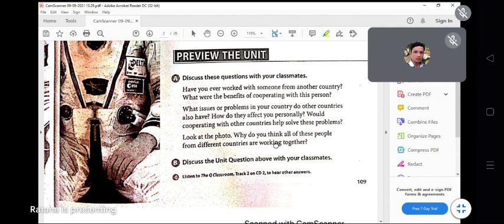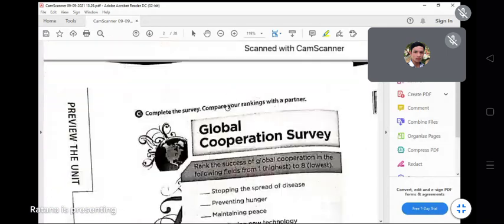But I think many people complain about the COVID-19 pandemic, because we lose the opportunity to go abroad, to join exchange programs, to work with people from different countries. So I think we discuss this one.